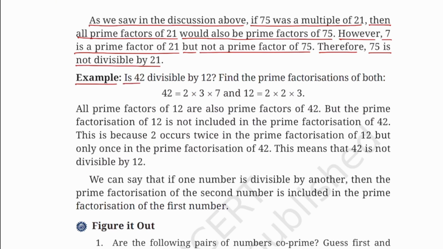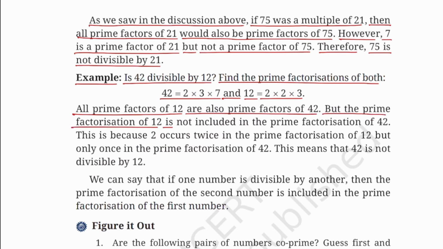Example: is 42 divisible by 12? Find the prime factorization of both. 42 is equal to 2 into 3 into 7 and 12 is equal to 2 into 2 into 3. All prime factors of 12 are also prime factors of 42. But the prime factorization of 12 is not included in the prime factorization of 42.